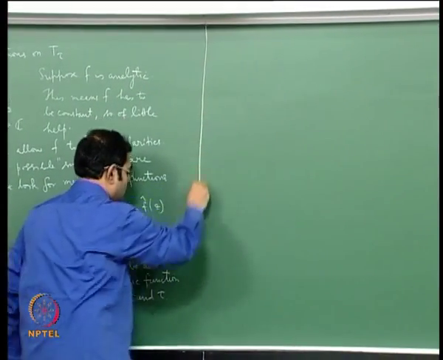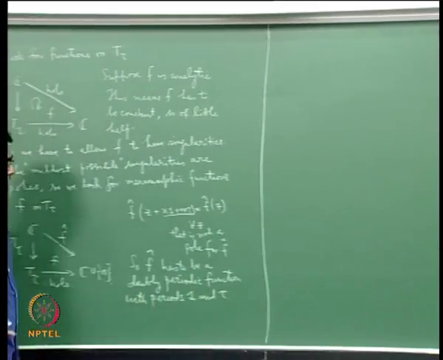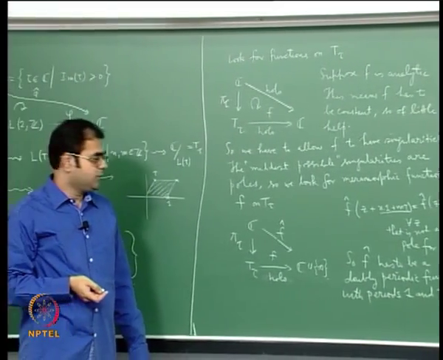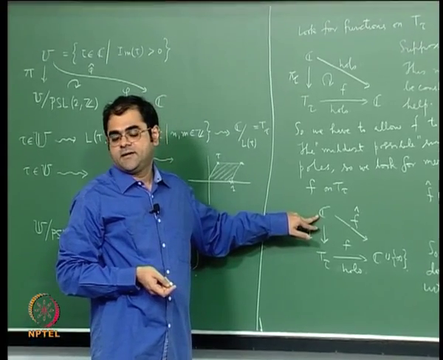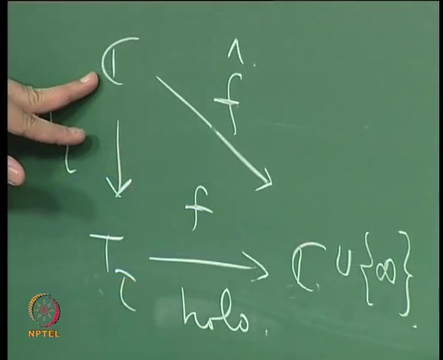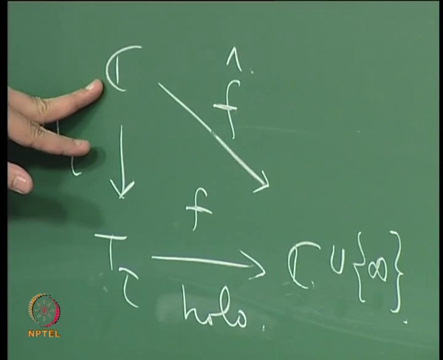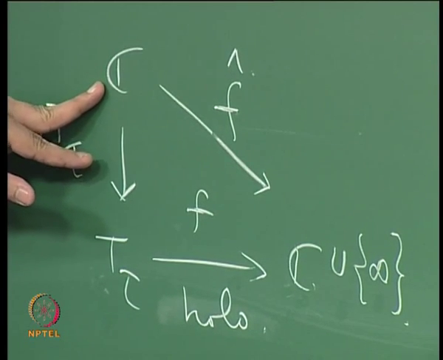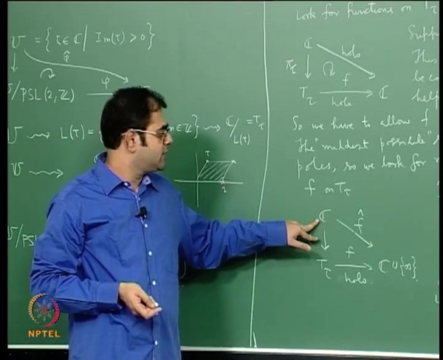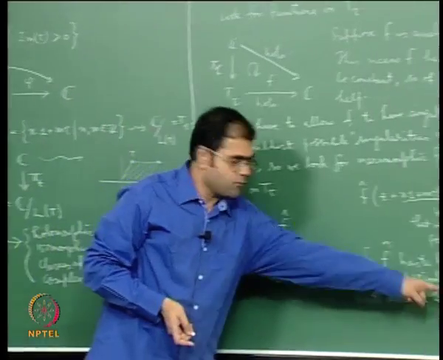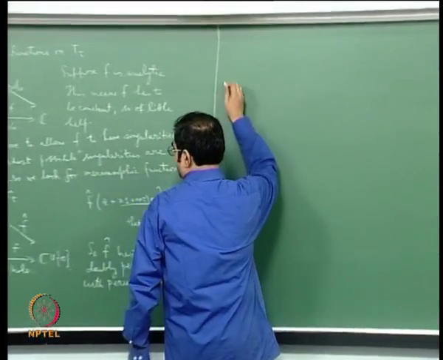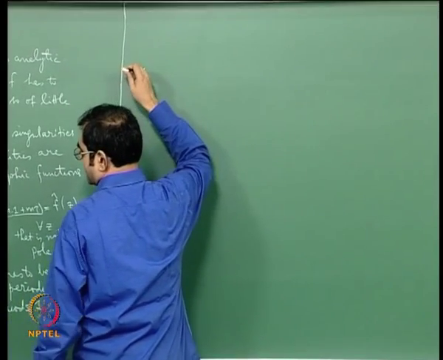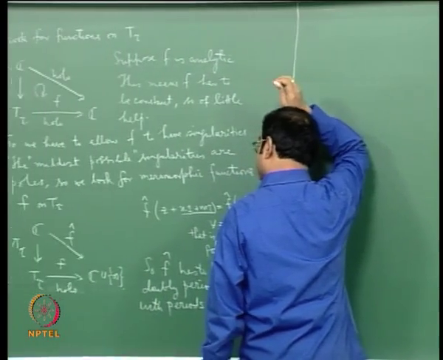Up to this point our discussion has told us that you should look at doubly periodic meromorphic functions on C, namely elliptic functions on C, with periods 1 and tau. So let's look at the properties of such a function.